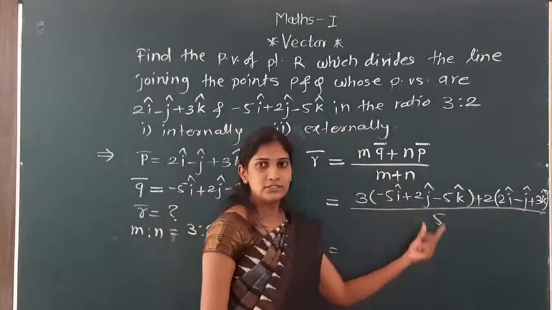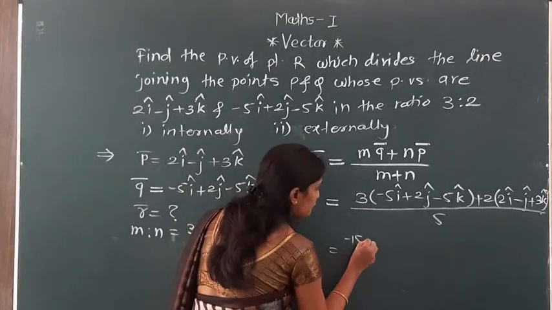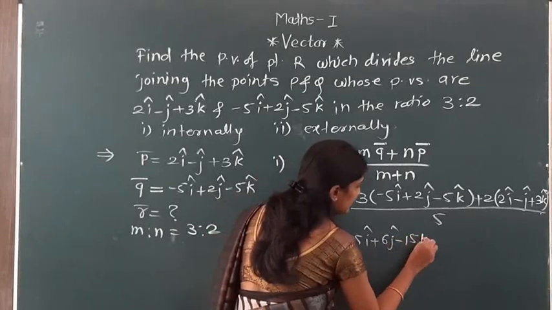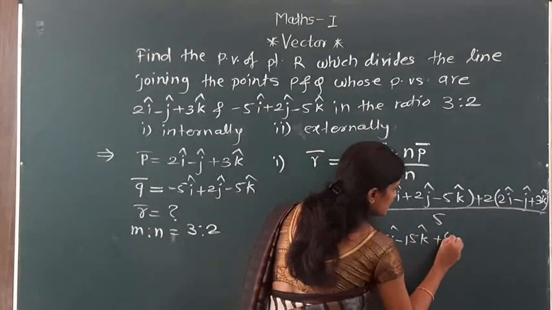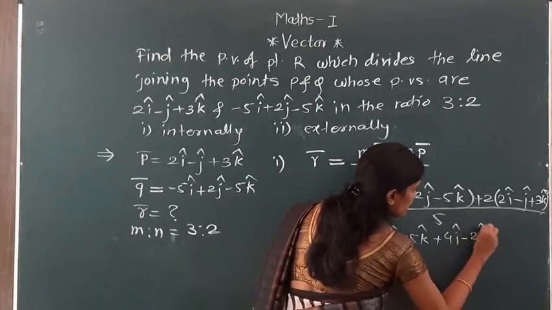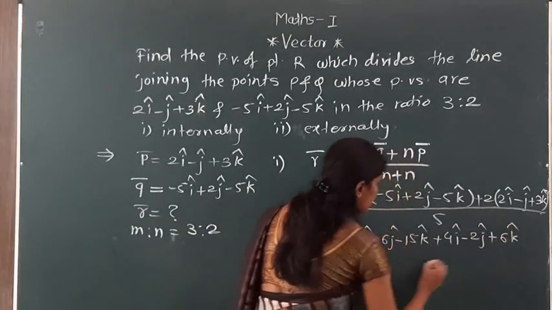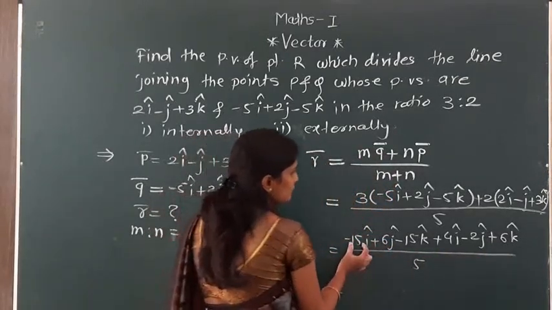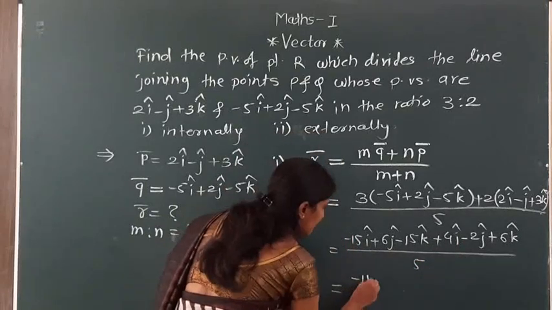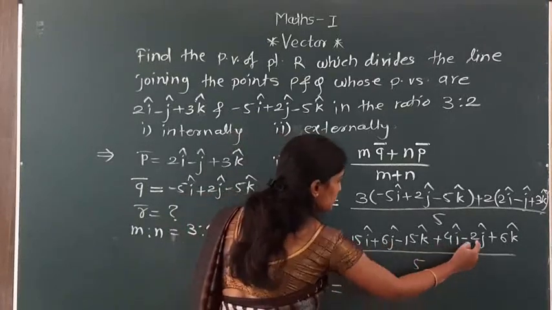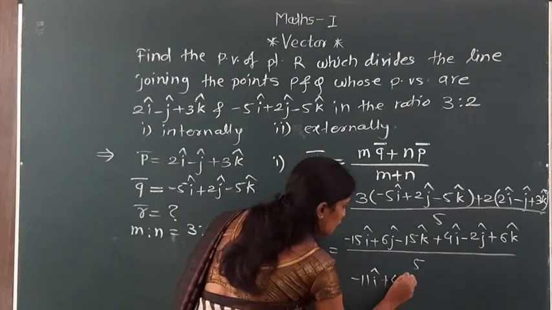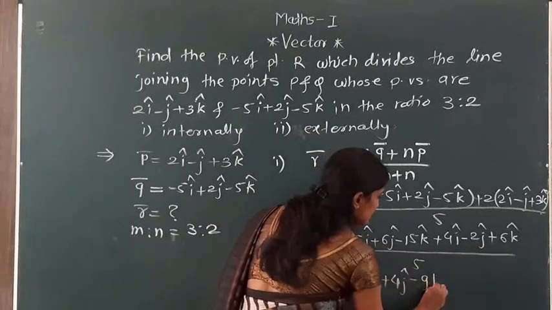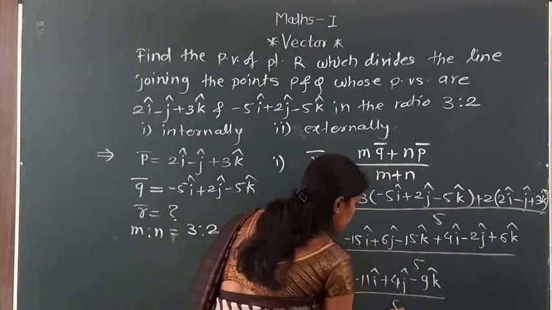Multiplying by 3 gives minus 15i cap plus 6j cap minus 15k cap. Multiplying by 2 gives plus 4i cap minus 2j cap plus 6k cap, divided by 5. That is equal to minus 15 plus 4, which is minus 11i cap, 6 minus 2, which is plus 4j cap, and minus 15 plus 6, which is minus 9k cap, upon 5.